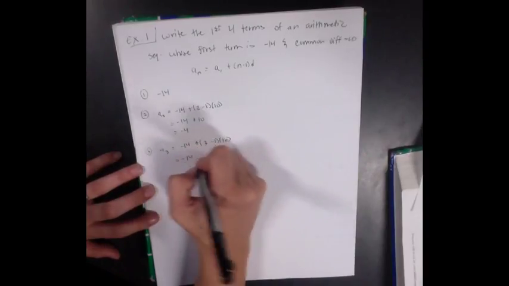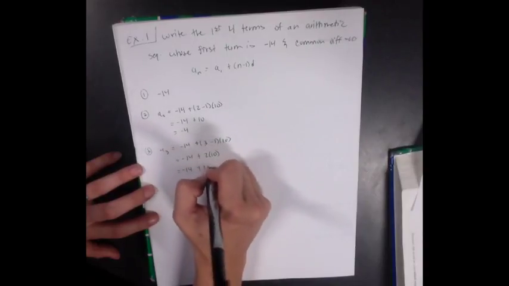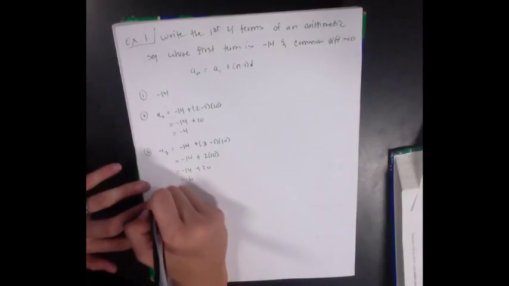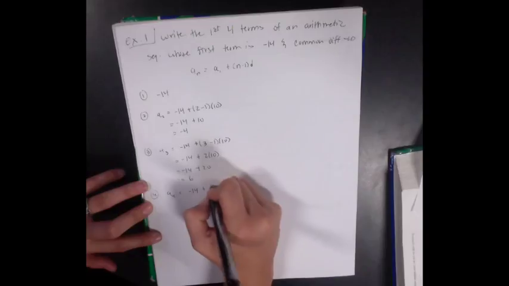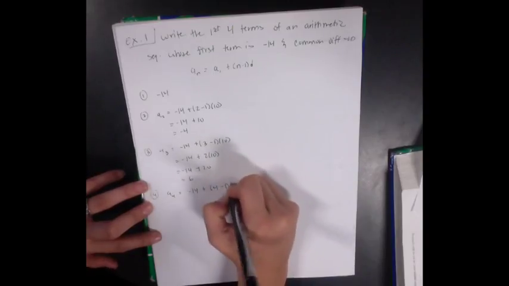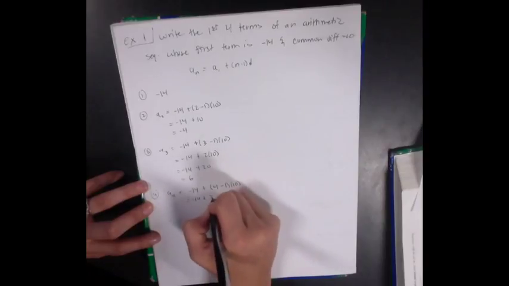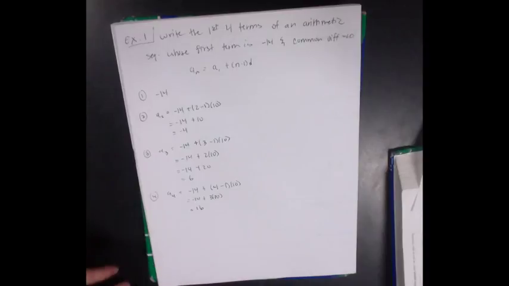So negative 14 plus 2 times 10, negative 14 plus 20, which gives me 6. Fourth term, a sub 4, is the first term, negative 14, plus 4 minus 1 times 10, which gives me negative 14 plus 3 times 10, which is 30, and so it gives me 16.